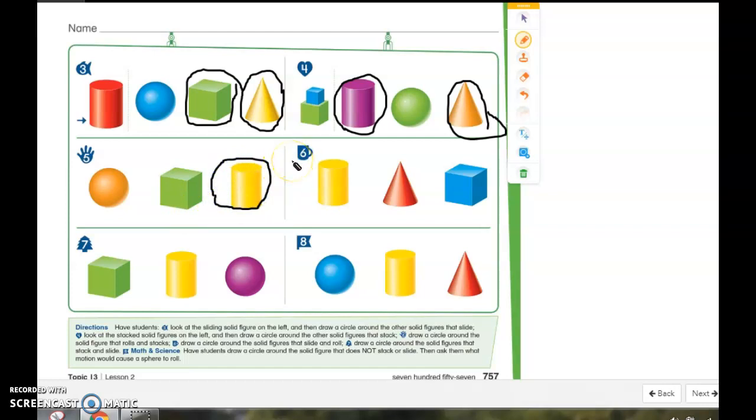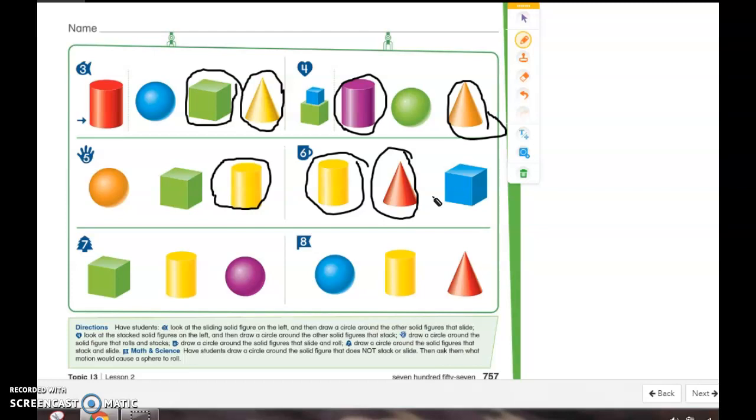So let's look at number 6, the coffee mug. Which solid figure can slide and roll? Did you say the cylinder and the cone? Because they both can slide on that flat surface on the bottom. And then if we lay them down, they can both roll.